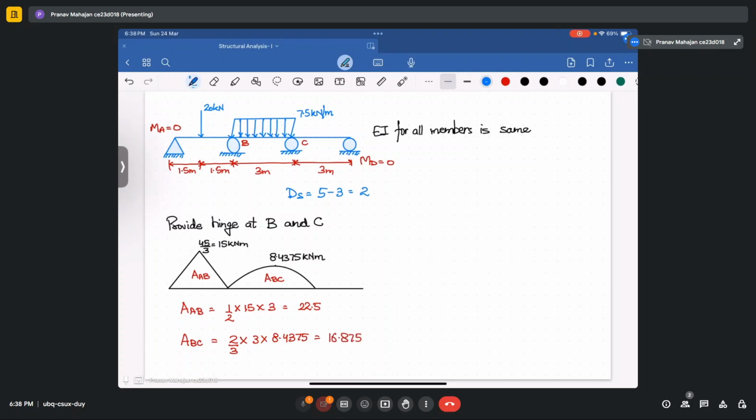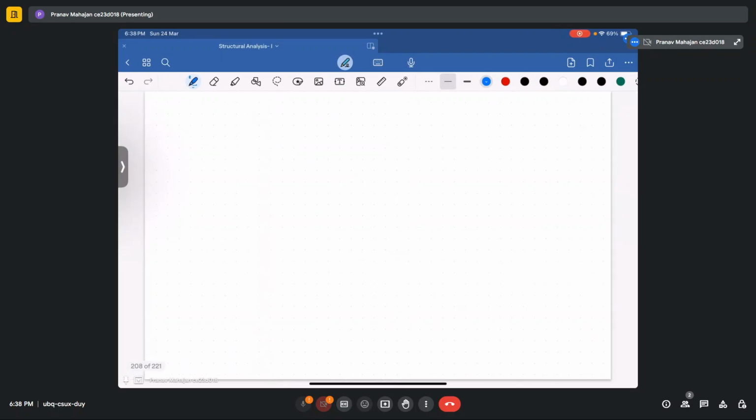In this, since the loading is symmetrical about the span, HAB will be at the center, 1.5 meter, and your HBC, since this loading is also symmetrical, will also be 1.5 meter. Okay, so now we will apply the three moment equation at joint B.